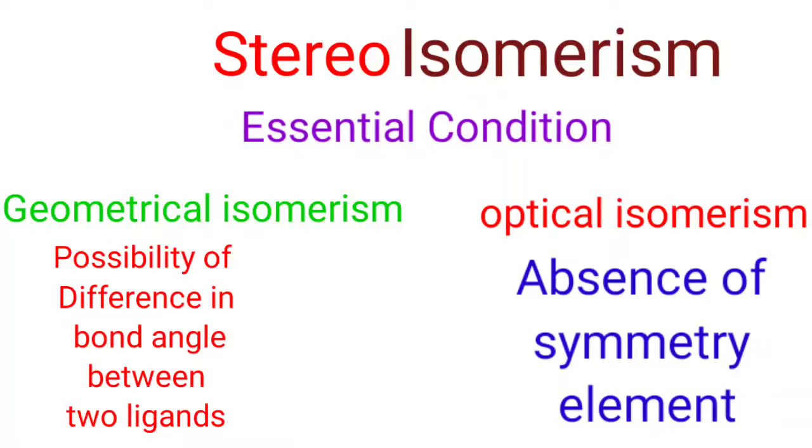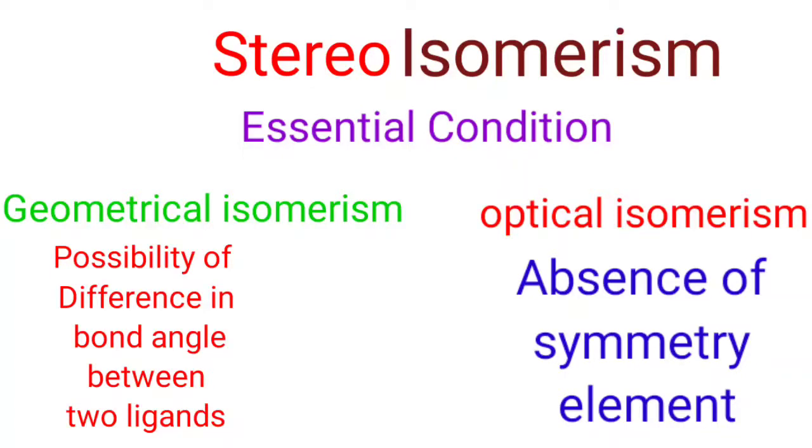Stereoisomerism is of two types, geometrical isomerism and optical isomerism. In geometrical isomerism we check the bond angle between ligands and metal. If it is the same, there are no geometrical isomers, but if it is different, these two molecules are geometrical isomers.